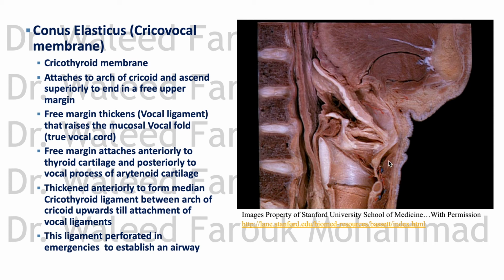So you go through this ligament, the median cricothyroid ligament, which is between the arch of the cricoid and the thyroid cartilage. You pierce this area to establish an airway. Okay? Remember this. This is a kind of emergency tracheostomy.